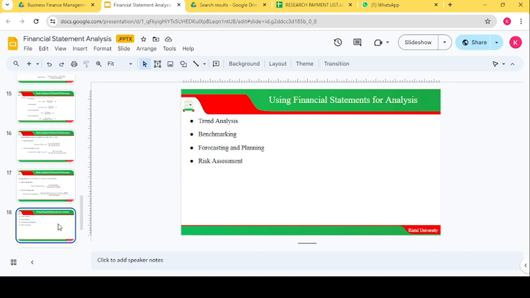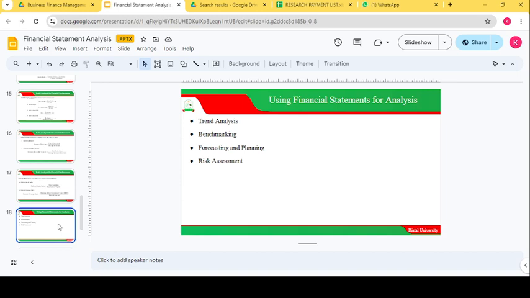Then we have benchmarking, which compares financial ratios and performance metrics against industry standards or key competitors, and it helps gauge relative performance.